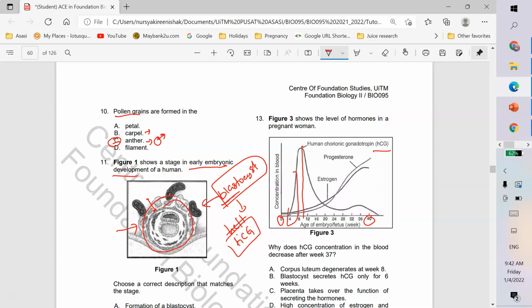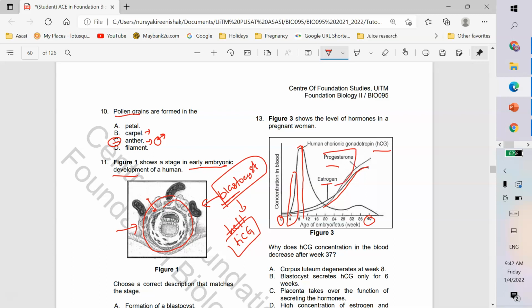Asalnya the production of HCG will be produced by the blastocyst and then followed by the placenta takes over. As the pregnancy progresses, you also observe estrogen and progesterone secretion will also increase. This is to maintain the uterine lining.